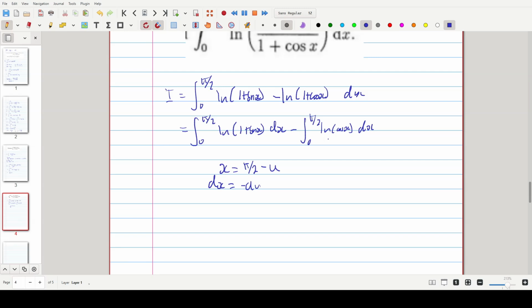And our bounds: u1 is going to be pi over 2 minus 0, which is pi over 2, and then u2 is going to be pi over 2 minus pi over 2, which is 0.